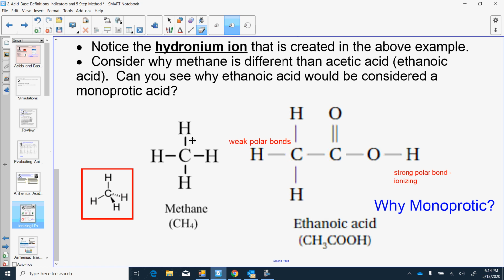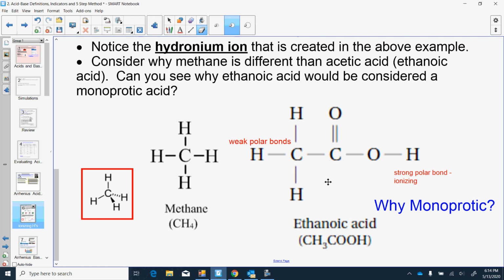Actually, it is a covalent bond, but it's a weak polar bond because the electrons are more evenly shared between the two, and so hydrogen's more invested in this molecule. If we add methane to water, these hydrogens are going to stay put. They're not going to ionize. They're going to stay with it, and we're not going to have an acid being created.